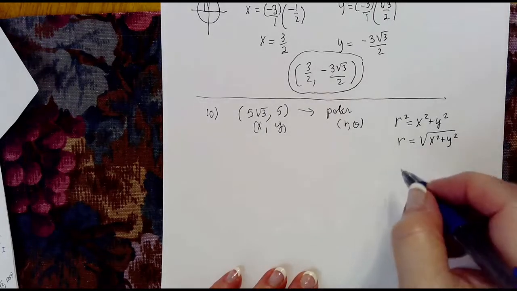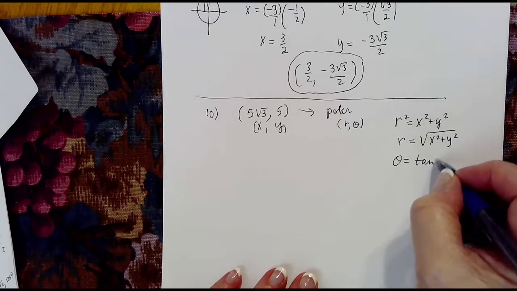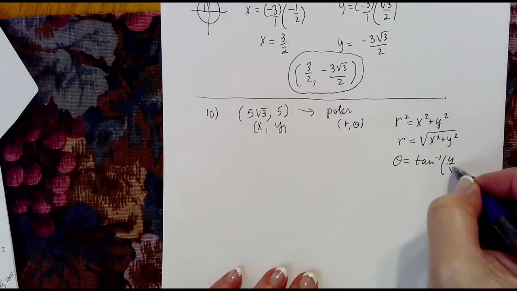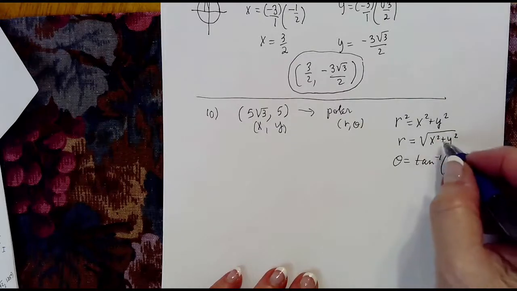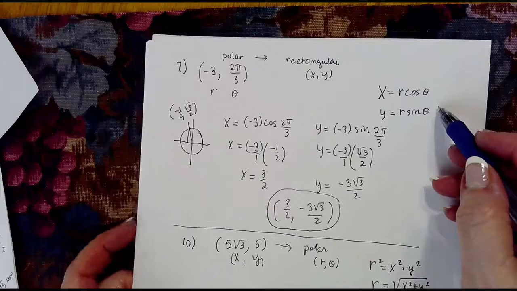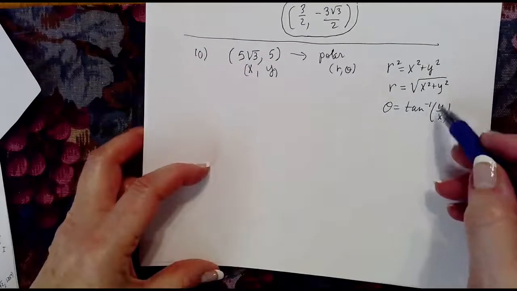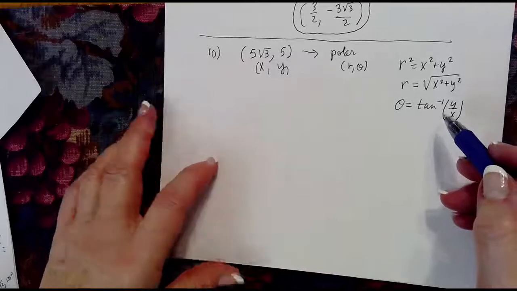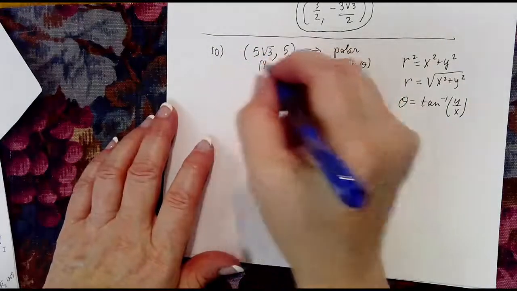But now we're going to have also theta. We said theta was going to be inverse tangent of y over x. So these are my conversion formulas like my ones up above were. Up above we had x and y's becoming from r's and thetas. Now we're having r's and thetas becoming from x's and y's. So we're going to plug in the things that we need to get r and theta.